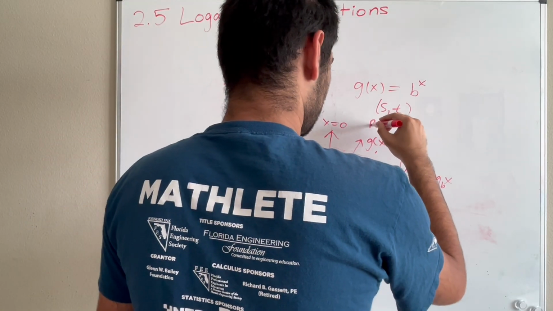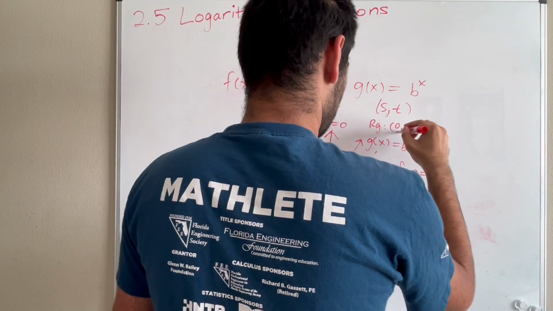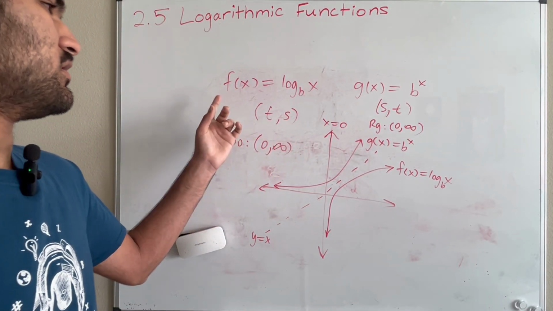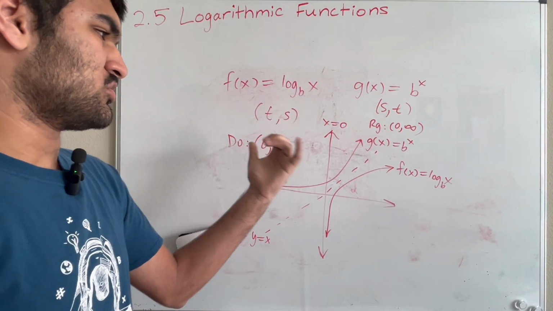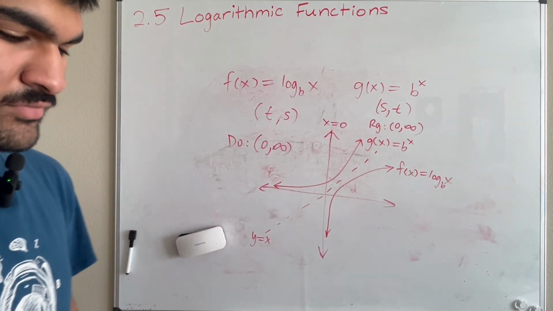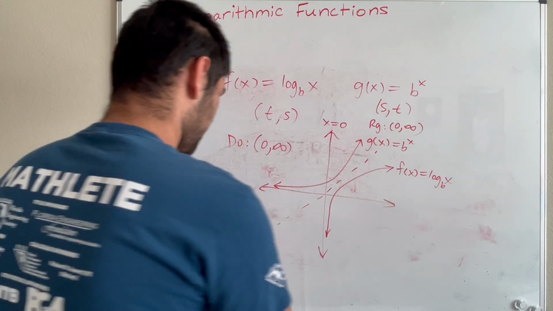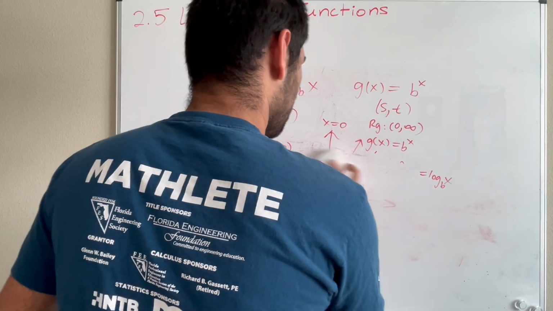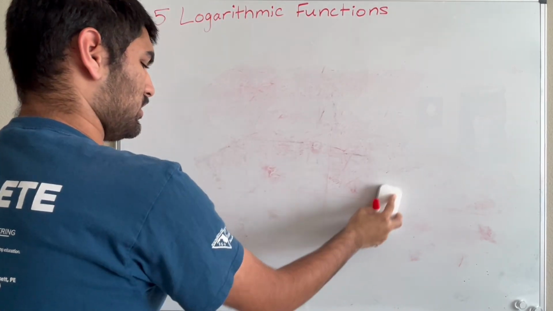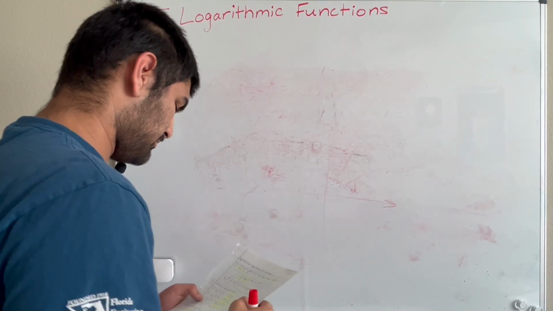So the range of this one is 0 to infinity. So that's again just going back to how the domain of f of x is the same as the range of g of x for inverse functions. Okay. All right, good.